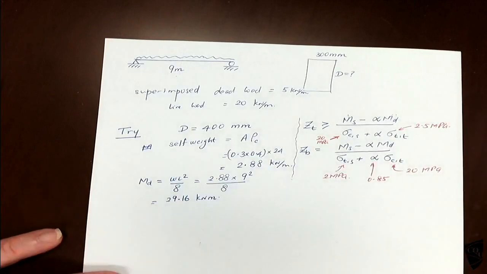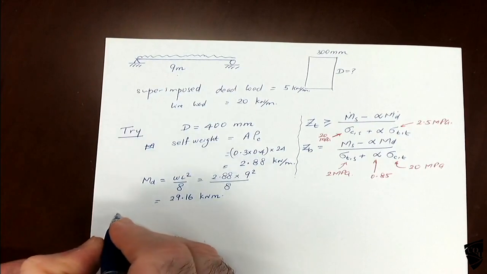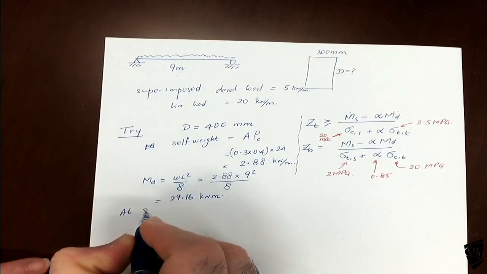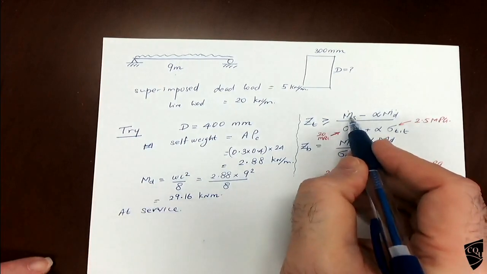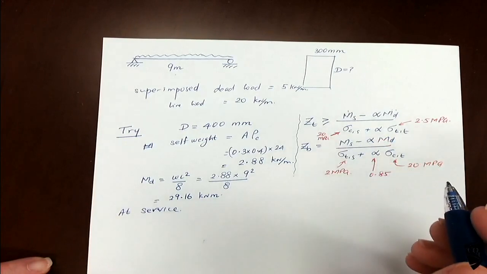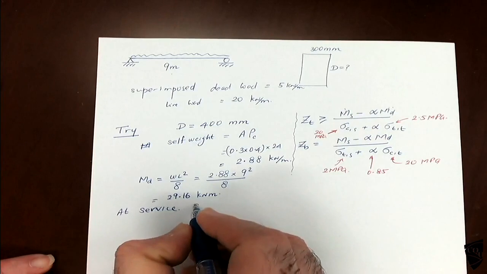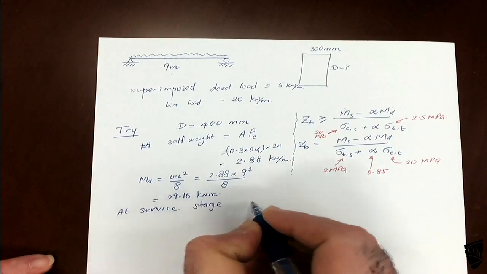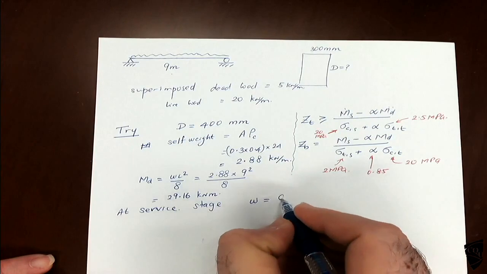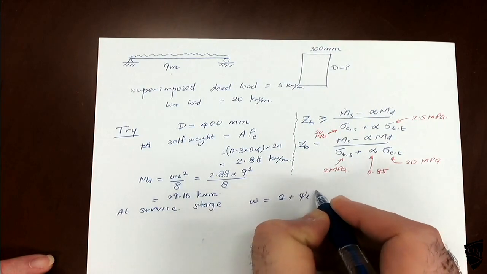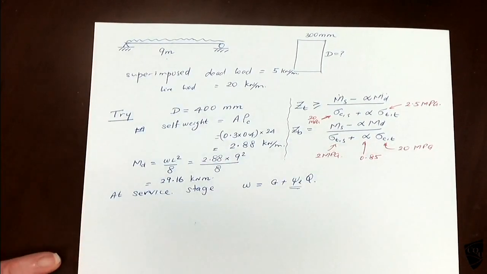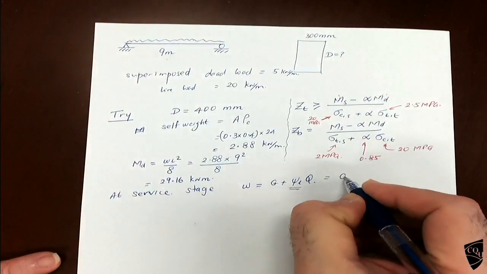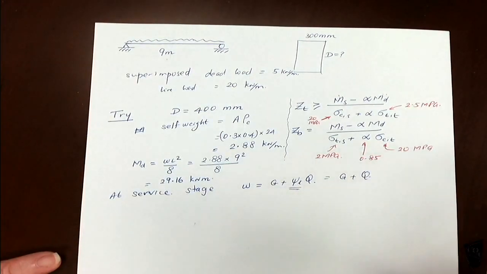So now I need to find out MS. What is MS? Service moment, the moment during the service load. At service stage, W is G plus long term factor times Q. Because I don't know the purpose of this, I will use 1, so G plus Q, the maximum load.